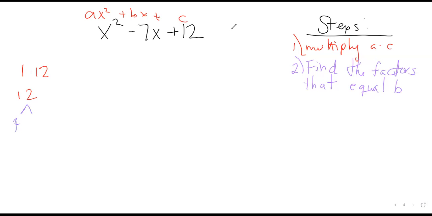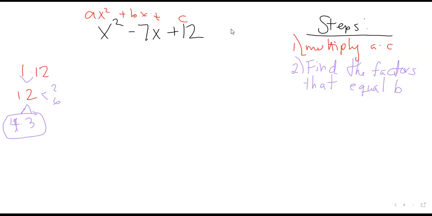What else? 2 and 6. And my last one, conveniently right there, is 1 and 12. Okay. Now, which of my 2 factors will equal 7? 4 and 3.